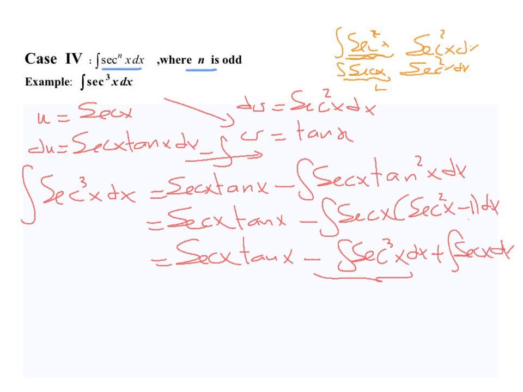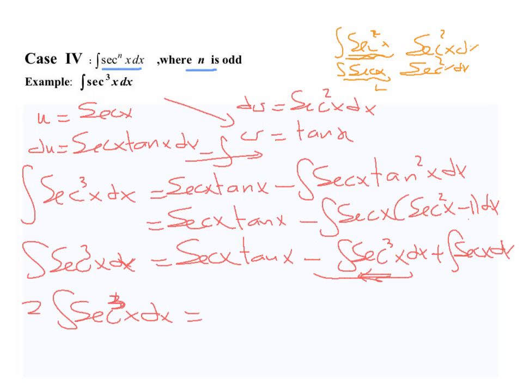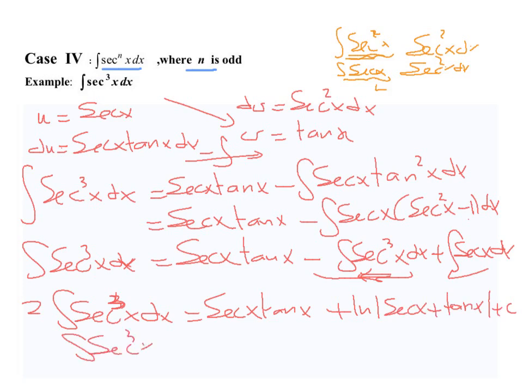This is actually similar to what we have on the left hand side, so we can transfer this to the left hand side, so it will become 2 integration of secant cube x dx equal to secant x tan x plus integration of secant x, which is ln secant x plus tan x, plus c. So integration of secant cube x dx is going to be 1 over 2 times all of this.